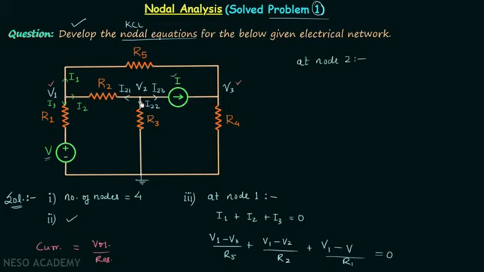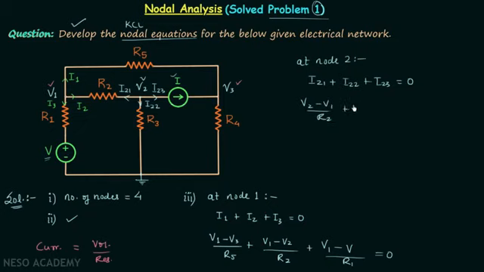Following the KCL we will have I21 plus I22 plus I23 equal to 0, and I21, this current, will be equal to V2 minus V1 divided by R2.